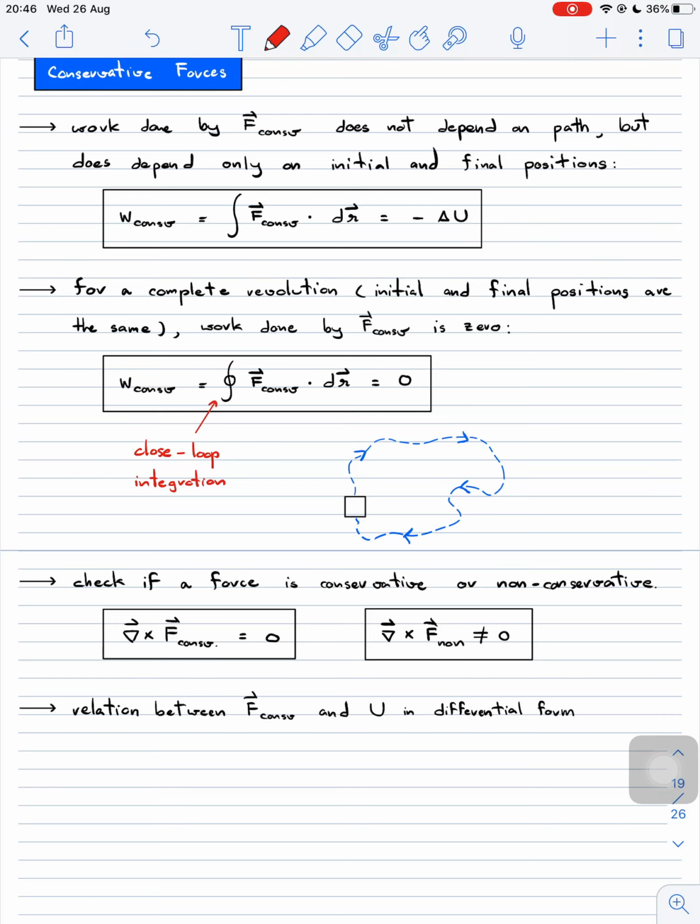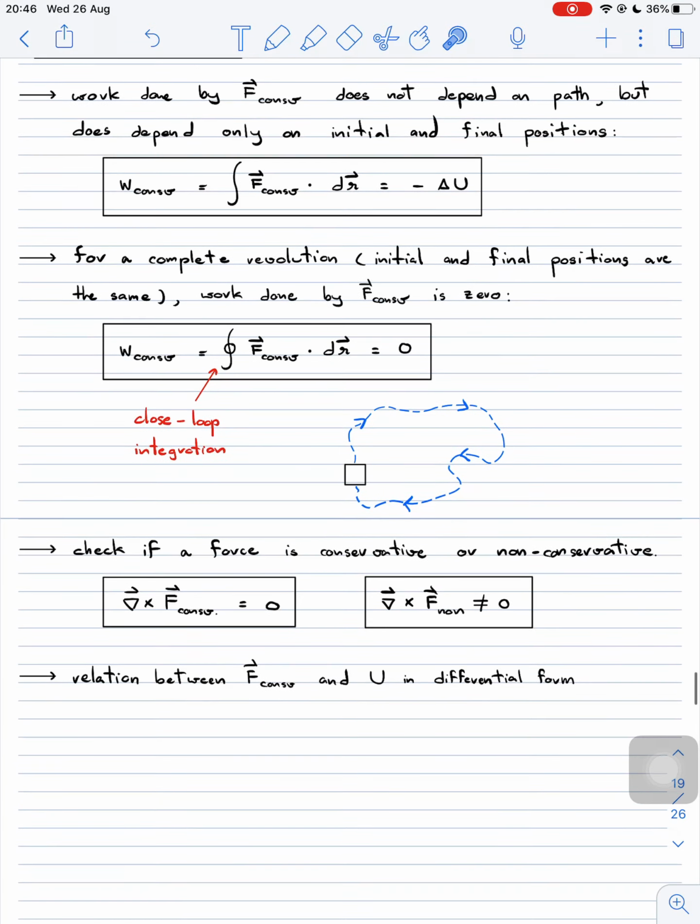We're going to integrate from the initial position to the final position, where the initial and final positions are the same. So it's called the closed loop integration here.